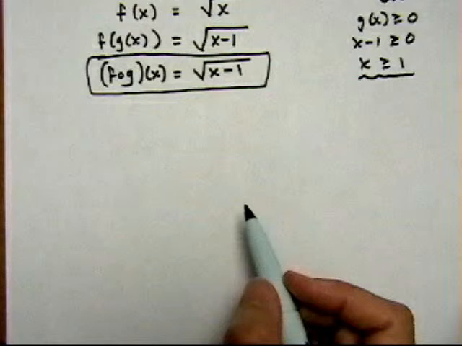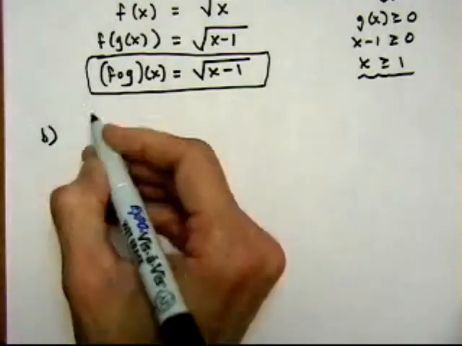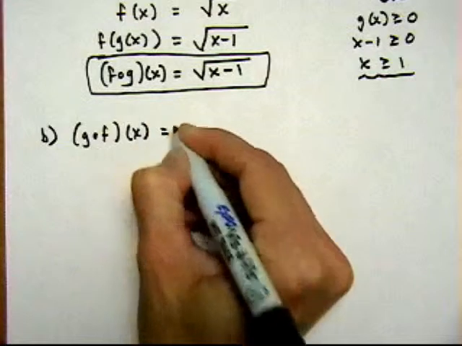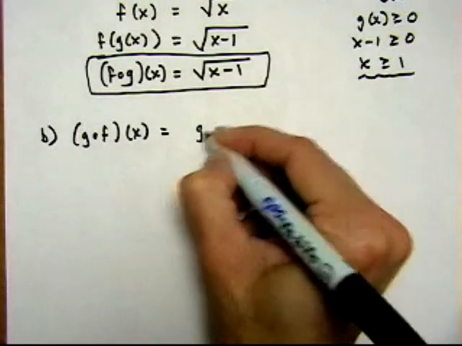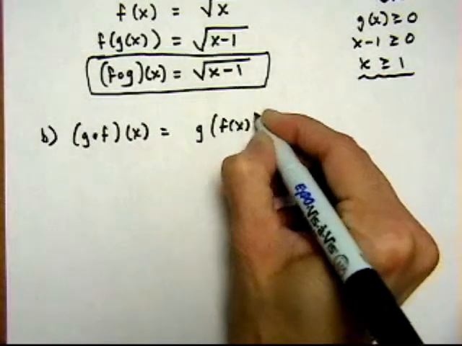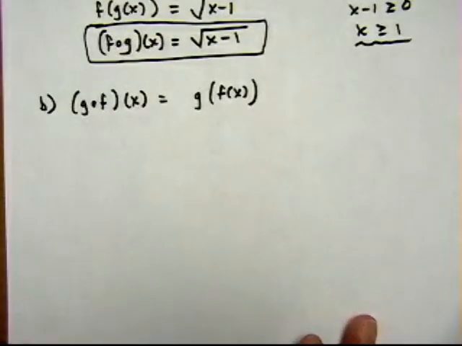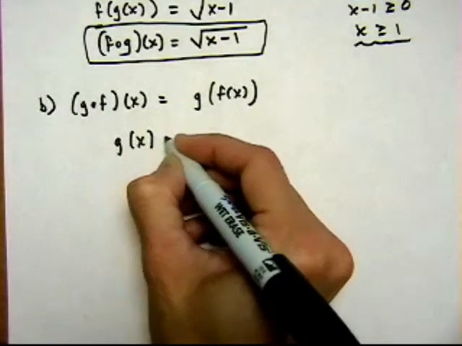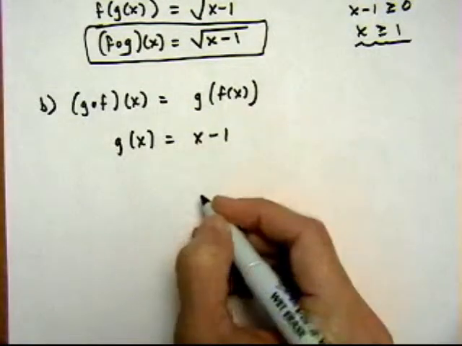In part B, we're finding g of f of x. And remember that means g of f of x, so we're using f as the input for g. That means we start with g. g of x is equal to x minus 1.